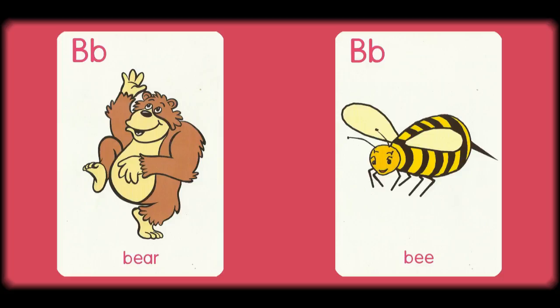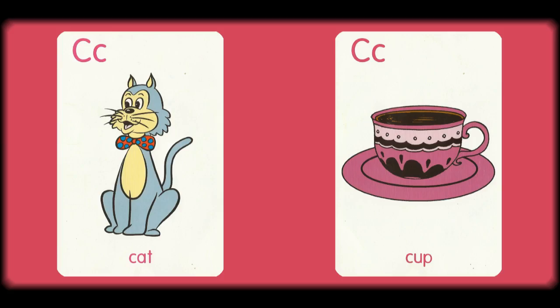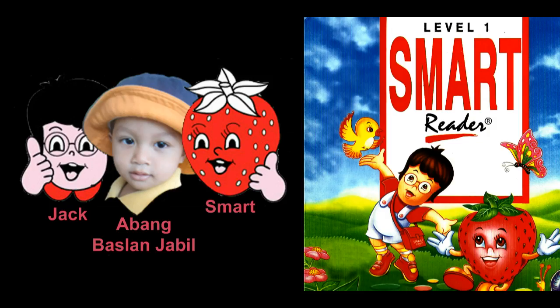B, bear, bee. C, as in cat and cup. C, cat, cup. Are all the children out there following us? Good. Now, can Smart, Jack, and all the children say the sound twice?